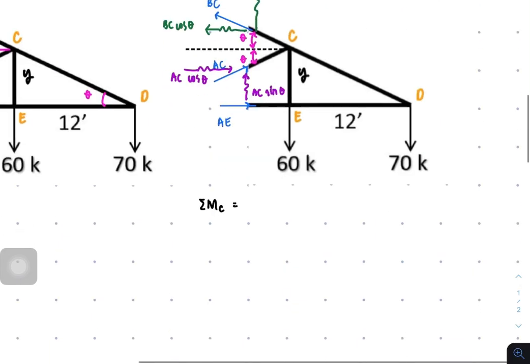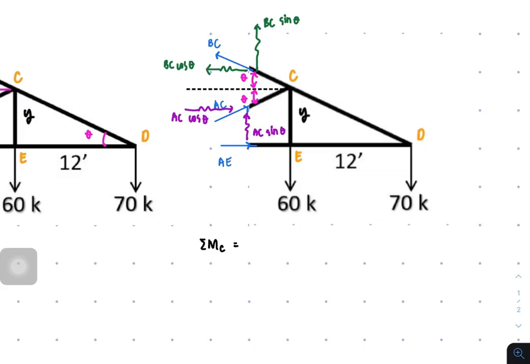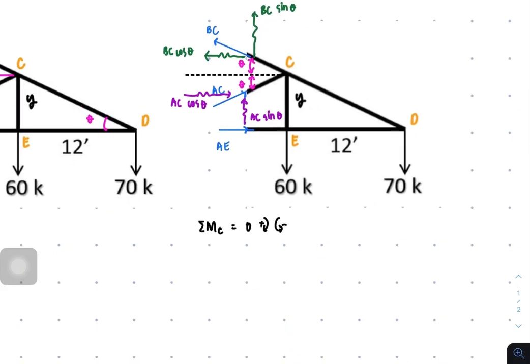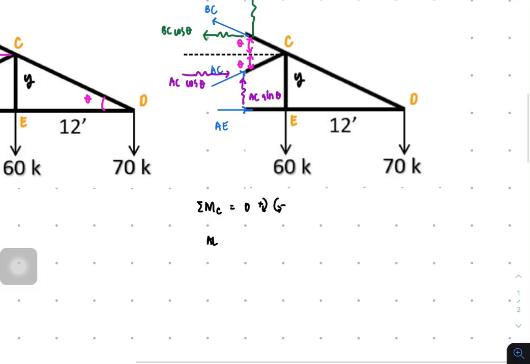So it now eliminates the other members. So here, summation of moment at C, clockwise positive, counterclockwise negative. We'll have AE as counterclockwise, so that's negative times the value of Y, because that's the moment arm. Y is 6, and then plus 70, because 70 will rotate point C with a clockwise direction, times 12, and that's equal to 0.